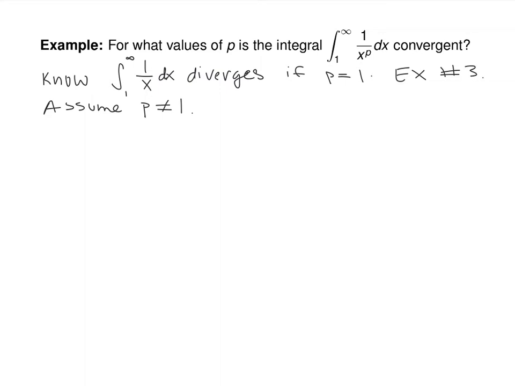And then you just integrate. The integral from 1 to infinity of 1 over x to the p dx will equal the limit as b goes to infinity of the integral from 1 to b, let's say, x to the negative p dx.